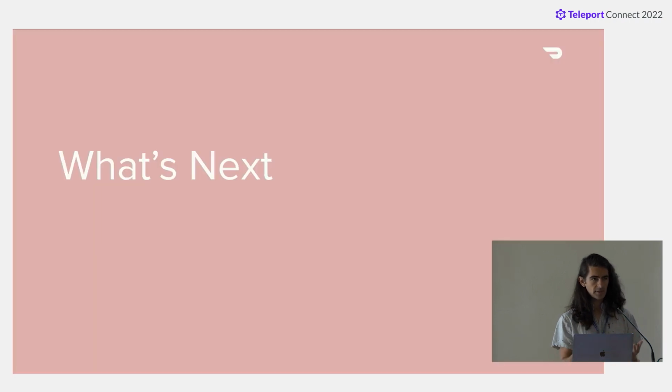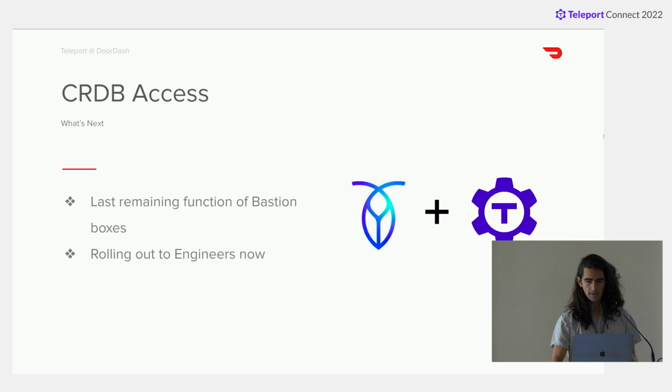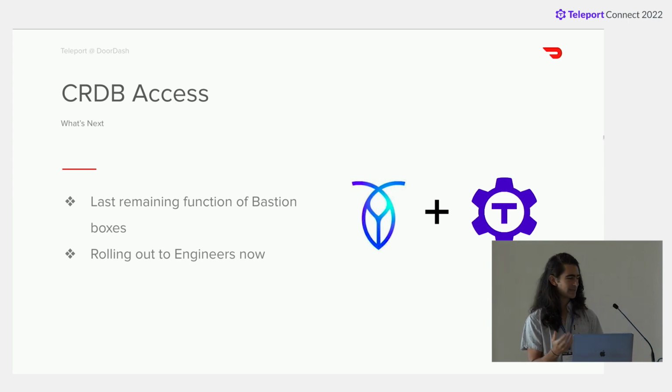So a little bit about what's next for DoorDash and Teleport. As was mentioned initially, one of the last remaining access patterns that we need to remove from the Bastion is database access.